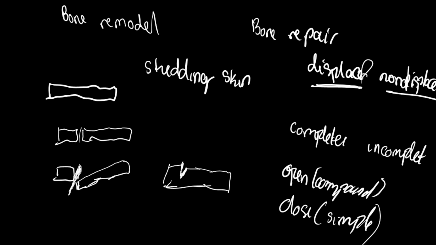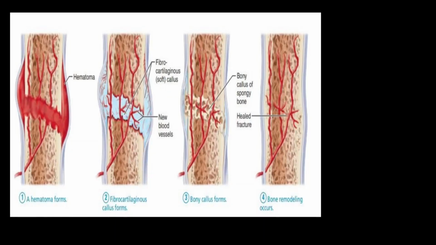We're taking a look at bone repair due to fracture, and it takes place in steps, and we'll consider each of the steps. The picture that we have here shows the steps of bone repair. Firstly, the hematoma is formed. Just before we take a look at the bone repair, let's take a look at bone treatment.